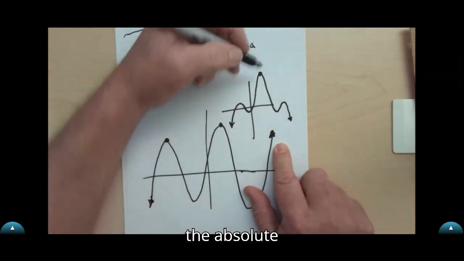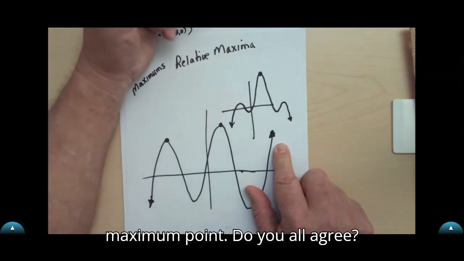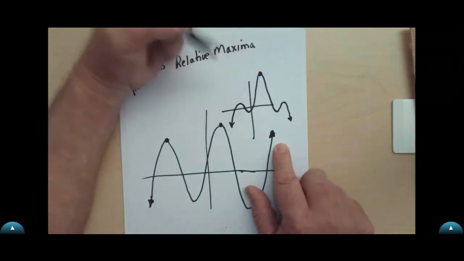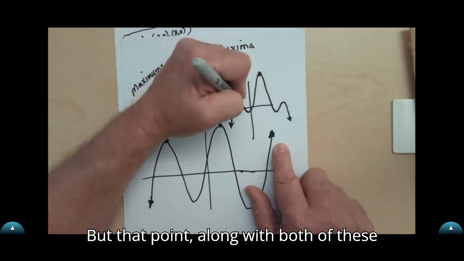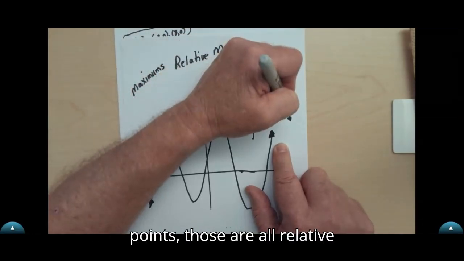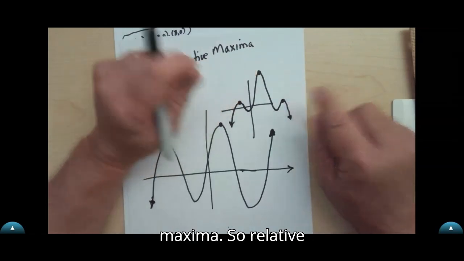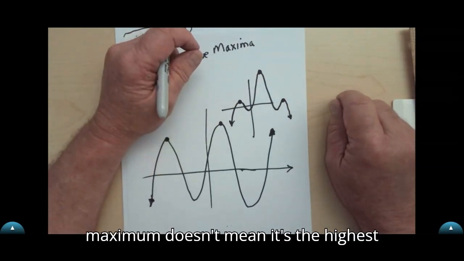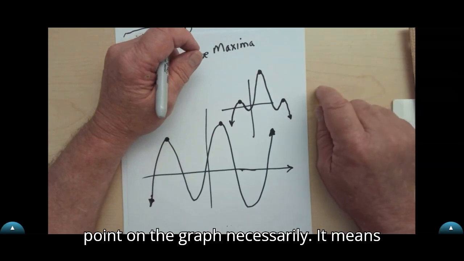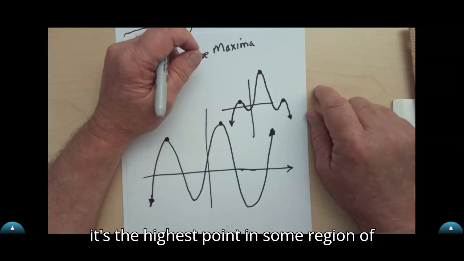This is the absolute maximum point. Do y'all agree? But that point, along with both of these points, those are all relative maxima. So relative maximum doesn't mean it's the highest point on the graph necessarily. It means it's the highest point in some region of the graph.